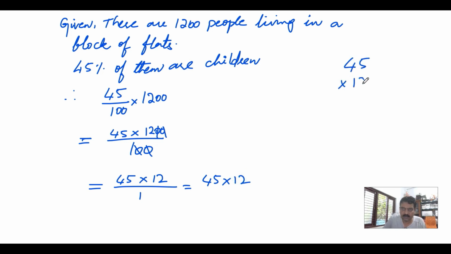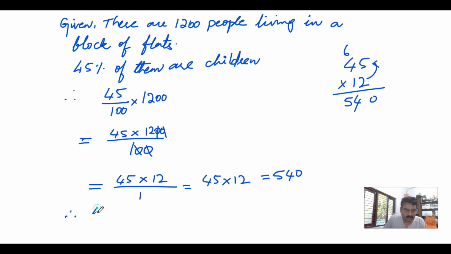45 into 12, right? 12 5s are 60, 12 fours are 48, and 6, 54. So it gives you 540.